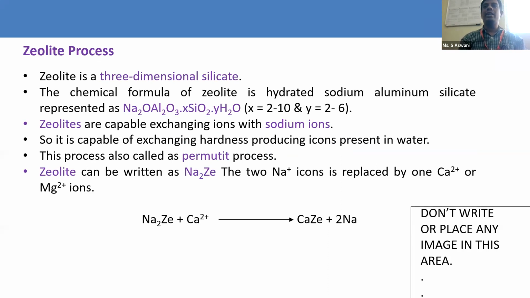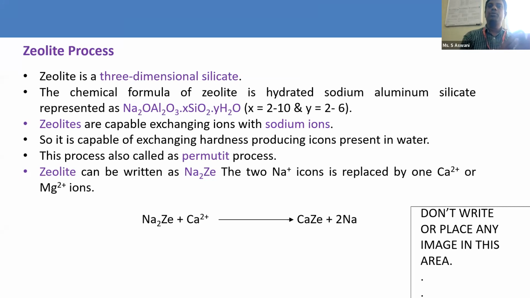Normally hydrated sodium, aluminum, and alkaline rare earth elements containing silicates are called zeolites. So the zeolite chemical formula is sodium oxide, Al2O3, X number of silica and Y number of water molecules present. This is the basic chemical formula of zeolites.